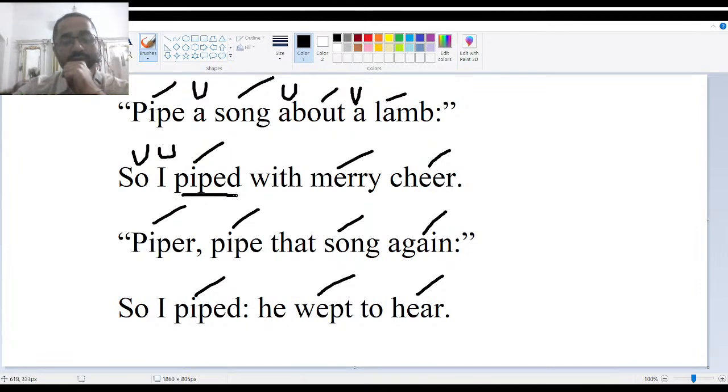Again, piped is one word, 2 vowels, but 1 syllable, 1 sound. Piper is 2 syllables. Pipe is 1. You have to be very careful about these. You make a mistake and then the whole rhythmic structure falls apart.